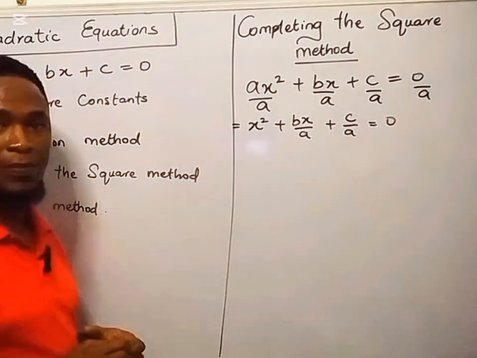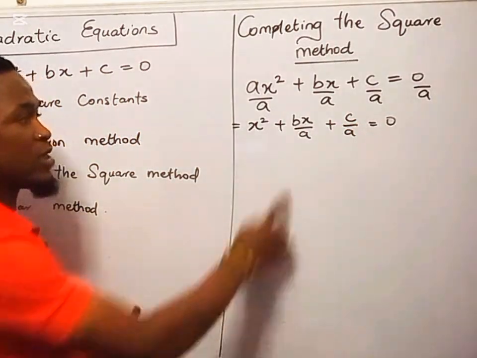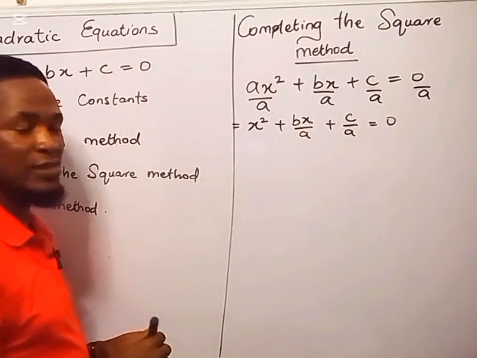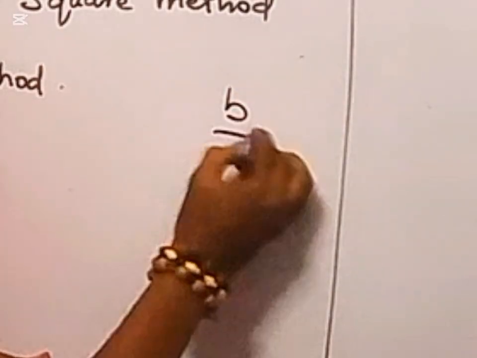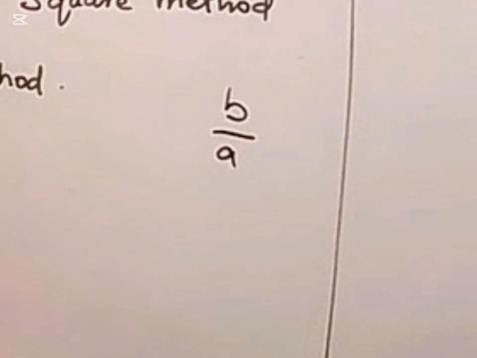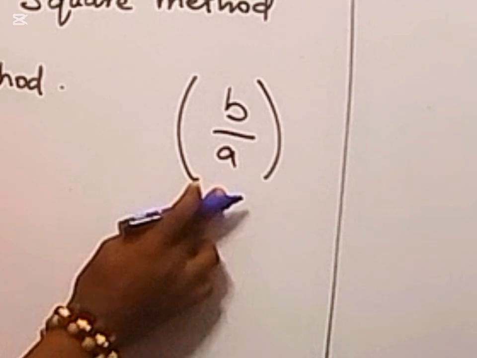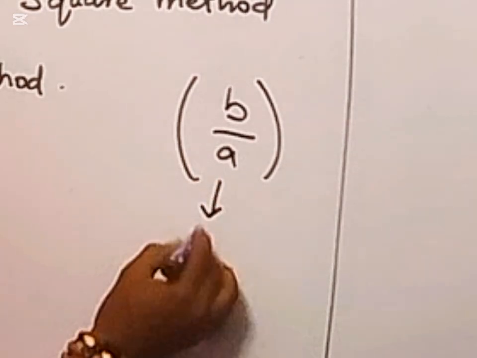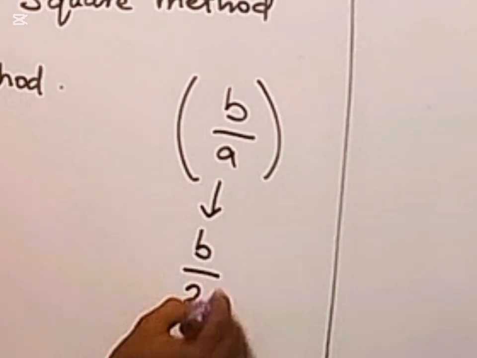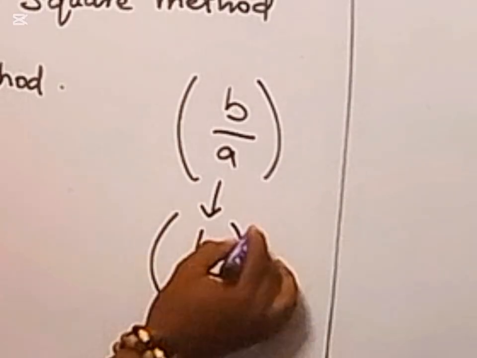The next step in completing the square is this: the coefficient of x is b over a. So you are going to divide this b over a by 2, such that it will now be b over 2a, and you square it.